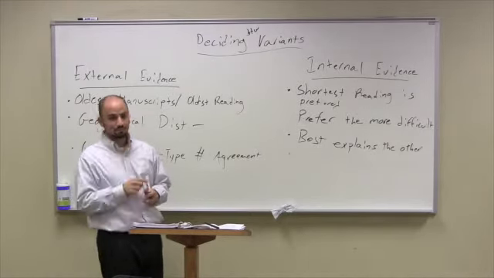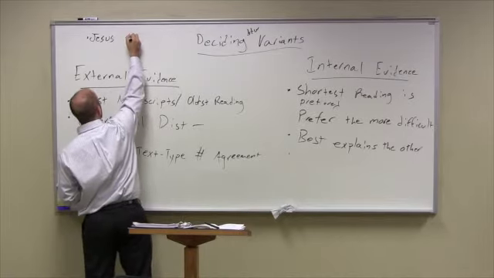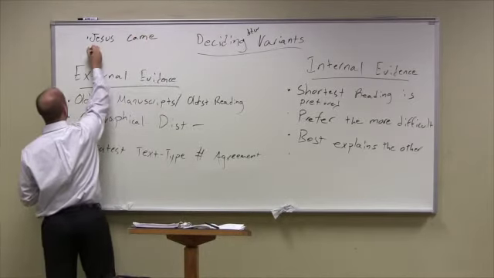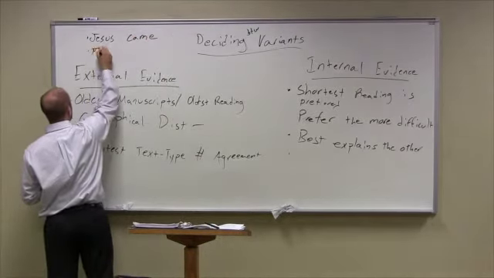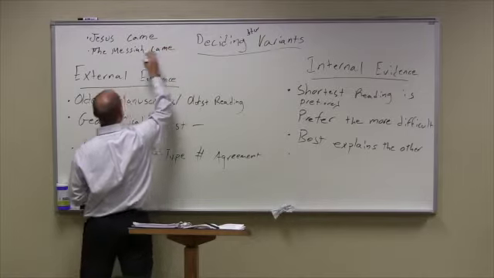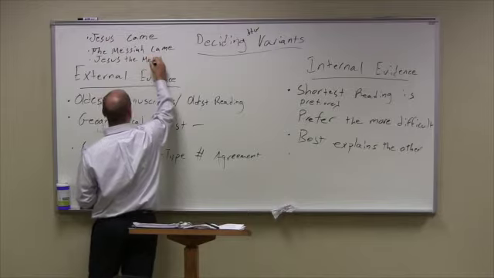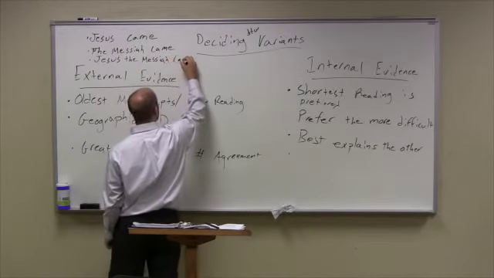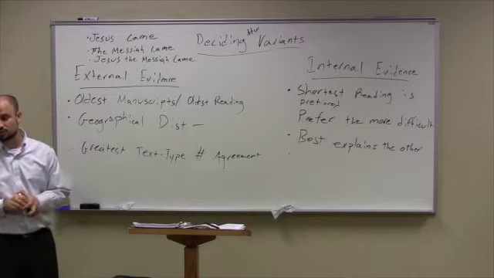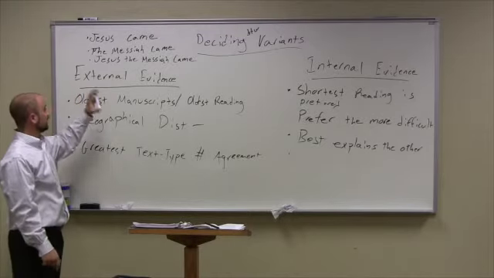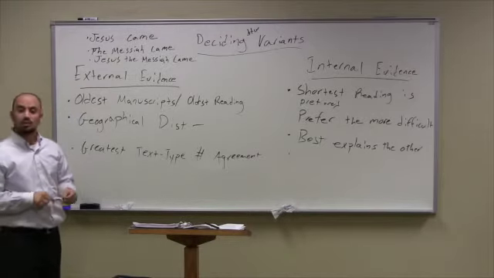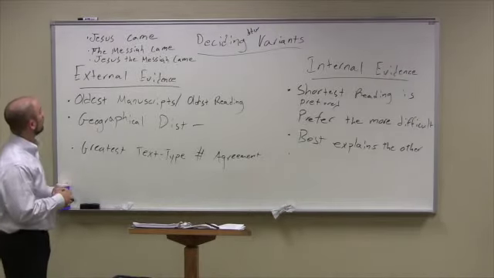So if we have one reading that says... those are three different variations. Jesus came, the Messiah came, Jesus the Messiah came. We have to work through that textual problem.